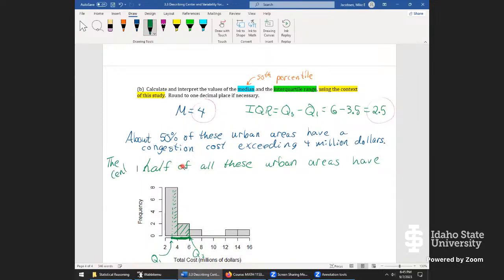The central half of all these urban areas have a congestion cost that ranges in $2.5 million.